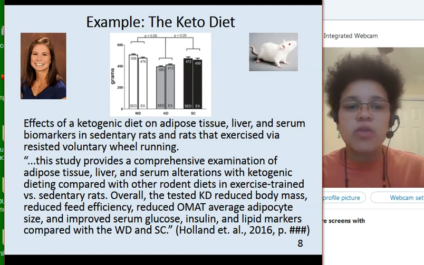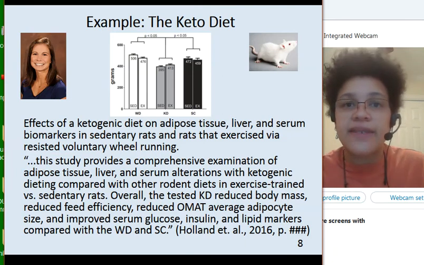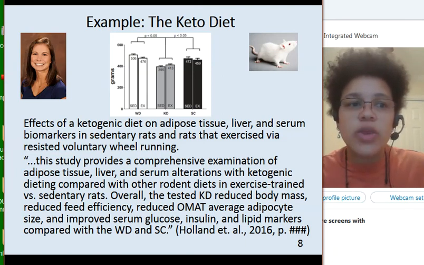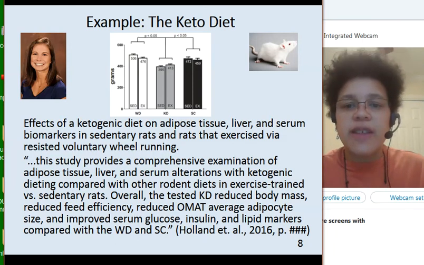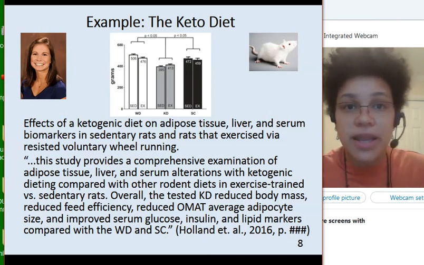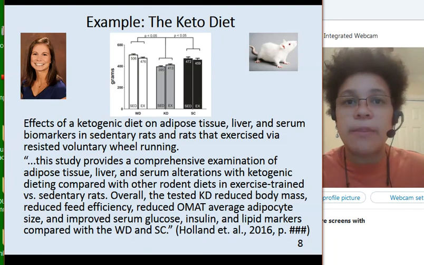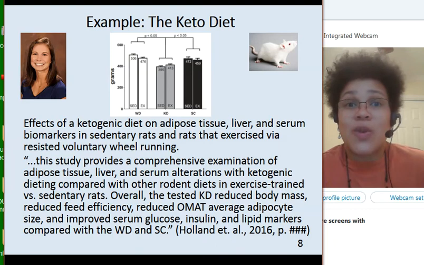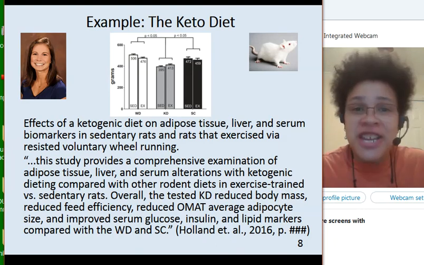So Dr. Holland wrote this article, and if you look at some of the articles that have cited it, you see that her research is being used by other researchers as they're investigating things like diabetes, and also investigating even how athletes can lose weight without losing muscle, while still being able to exercise, right? And not fainting away.